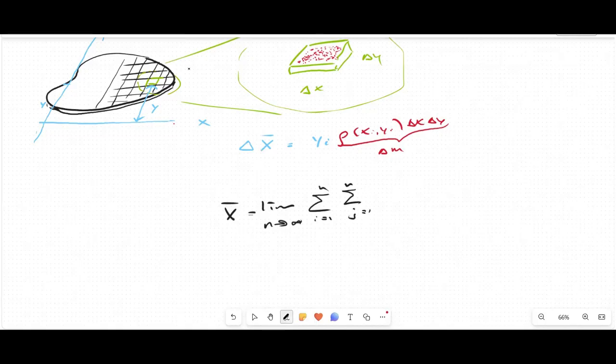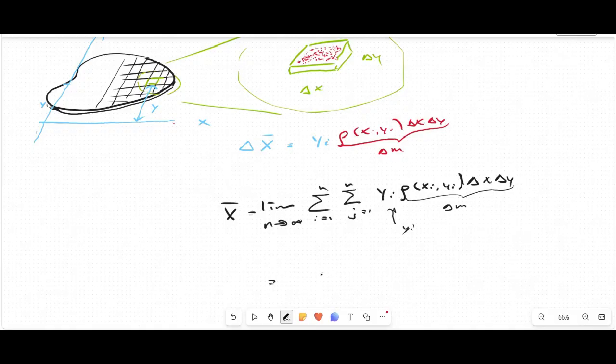We're going to go over the entire object, the whole plate. For every single little subsection that I am analyzing, I want that y coordinate. I want this rough approximation to the density in that piece of plate, and I want the little bit of area. So collectively, this little chunk here is an amount of mass. This is my y coordinate.